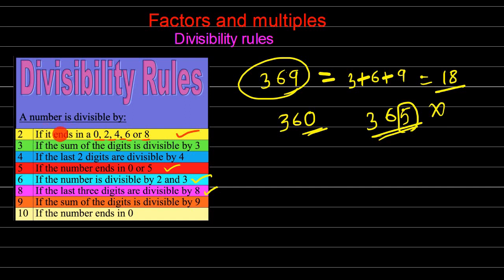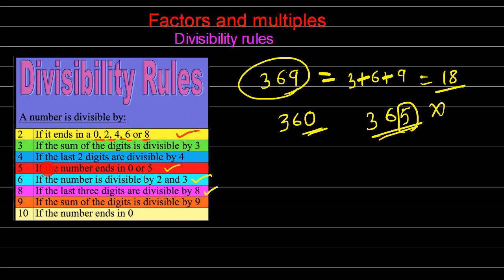Let's just revise these rules again. For divisibility of 2, if the number is ending with 0, 2, 4, 6 or 8, then the number is divisible by 2. For 3, if the sum of the digits is divisible by 3, then the number is divisible by 3. For 4, if the last 2 digits of the number are divisible by 4, then the whole number is divisible by 4.